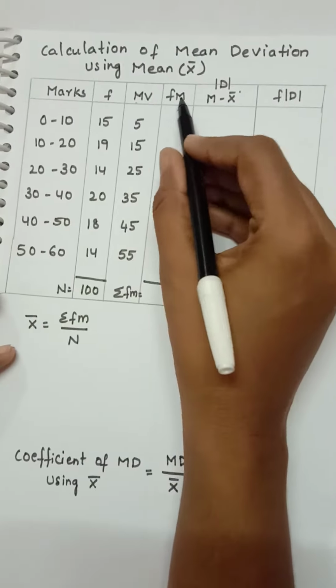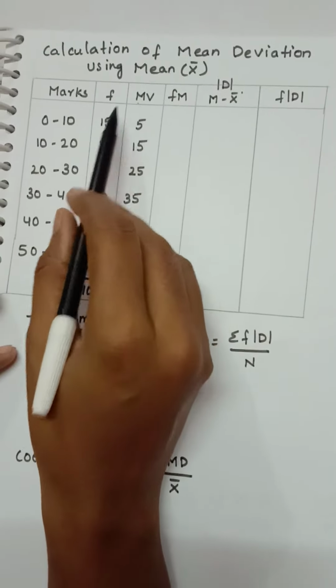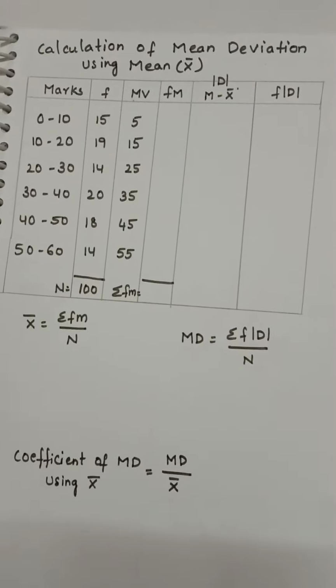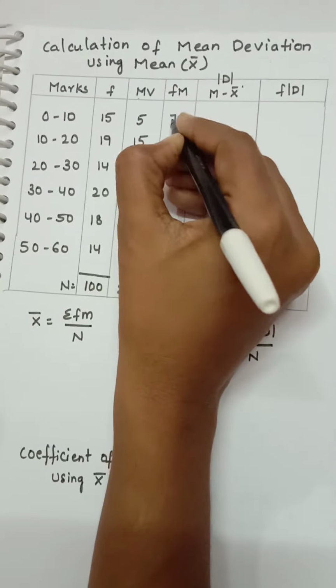Next step is FM. FM means frequency into mid value. So 15 into 5 is 75.